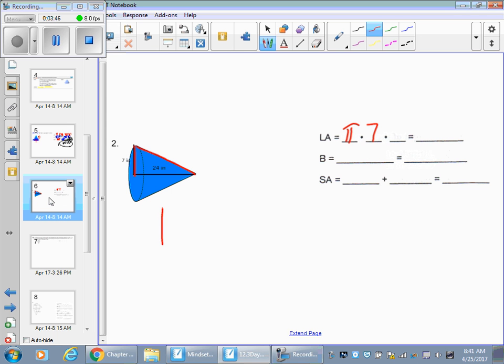That's all right, because I'm going to pull this triangle out. 7, 24, that's a right triangle. I know it's a triple. If you don't know that it's a triple, you can always do the Pythagorean theorem, but this is going to be 25 here. So the slant height is 25. When you type all that out, you're going to get 175 pi.